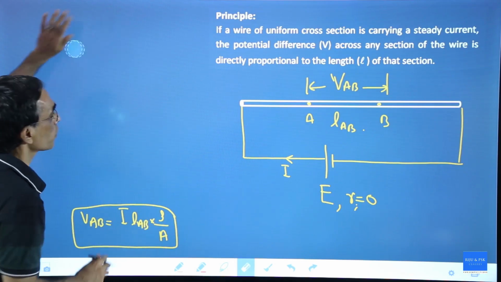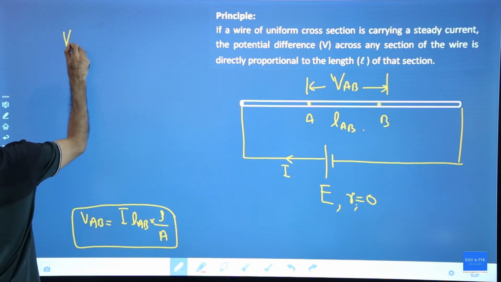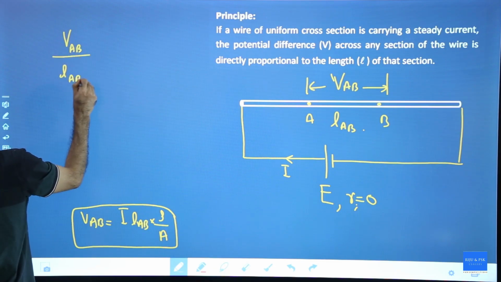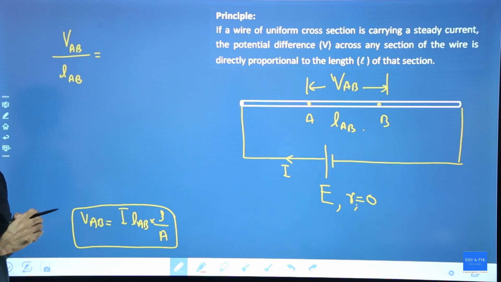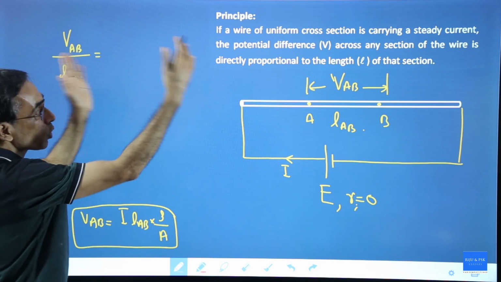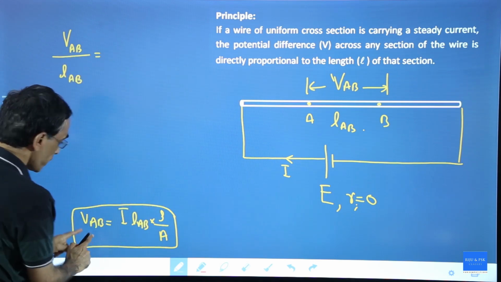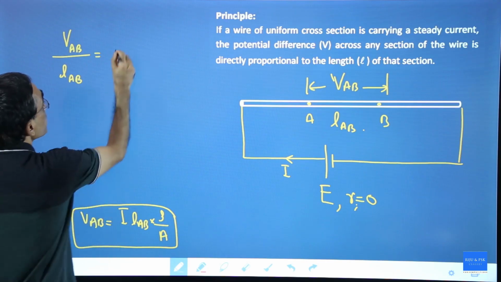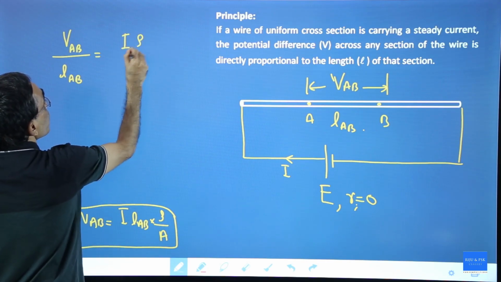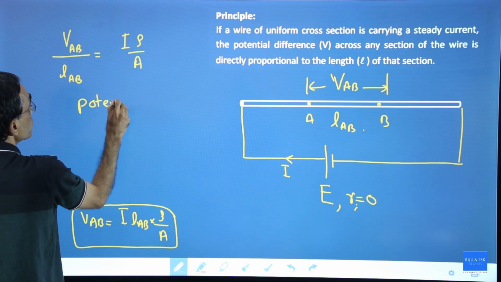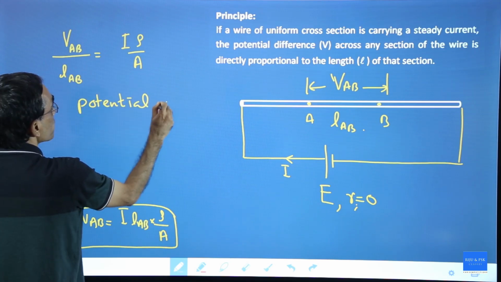Okay, and V_AB is calculated as I into length AB into rho by A. Now watch out. What is V_AB divided by L_AB? The potential drop divided by the length. You can get it from here: V_AB by L_AB is nothing but I into rho by A. This is called potential gradient.